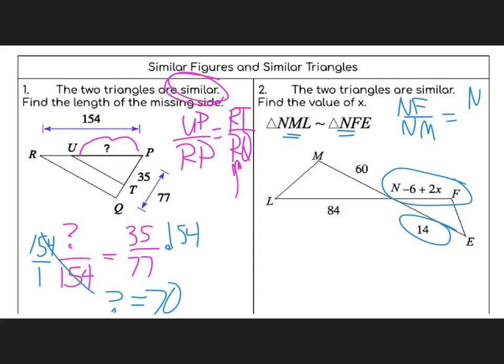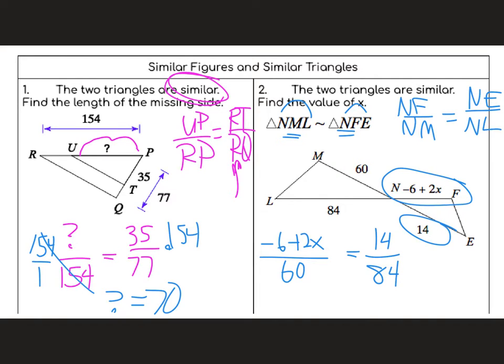So NE is going to match up with NL. So now NF is negative 6 plus 2x. NM is 60. NE is 14. And NL is going to be 84.